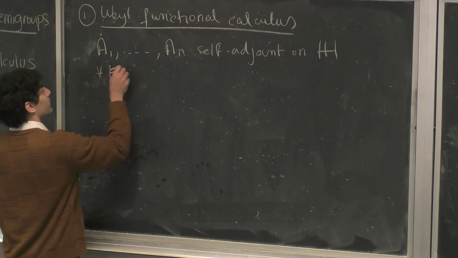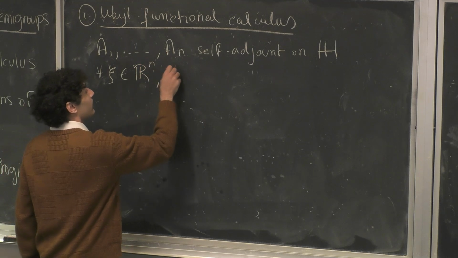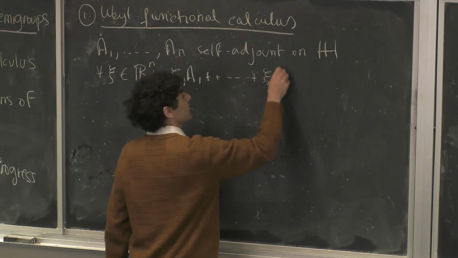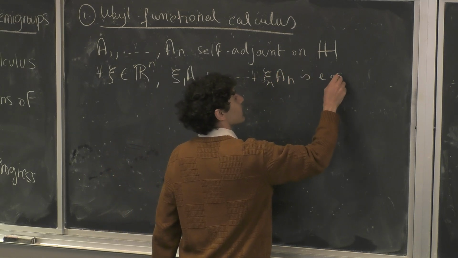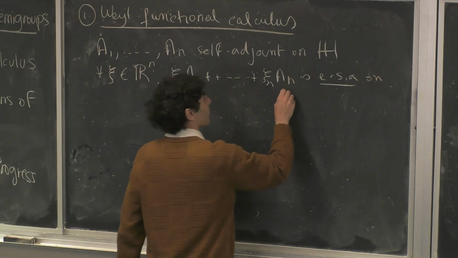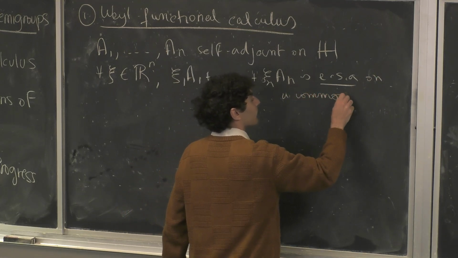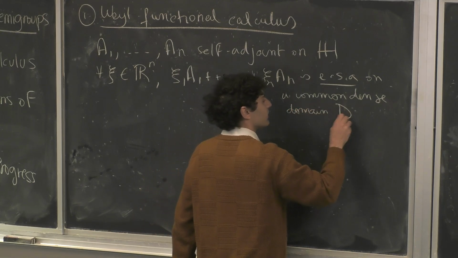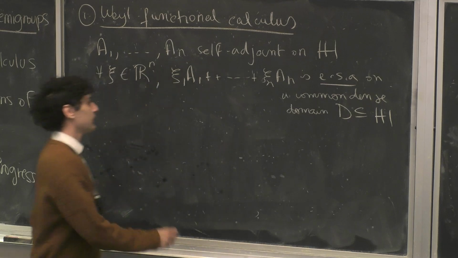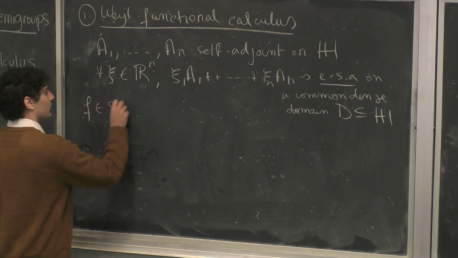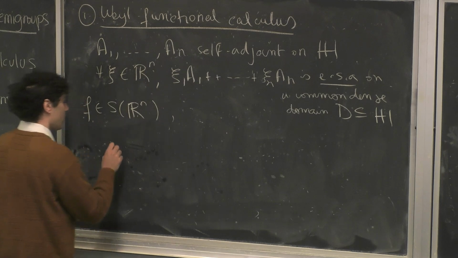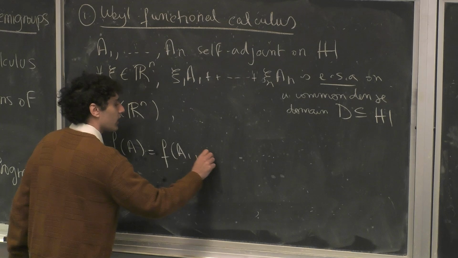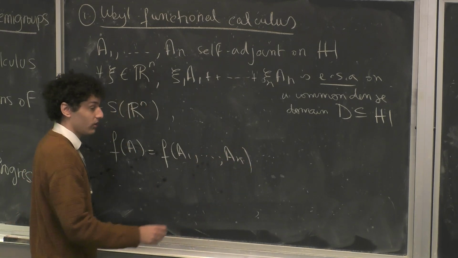and for any vector xi that I pick up, the linear combination xi 1 a1 up to xi n an is essentially self-adjoint on a common dense domain D in H. Then, if I have a Schwarz function on Rn, I define what it means to take this function of a1, a2, up to an as follows.